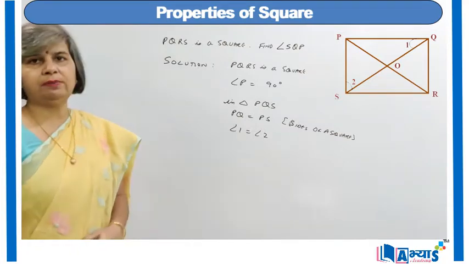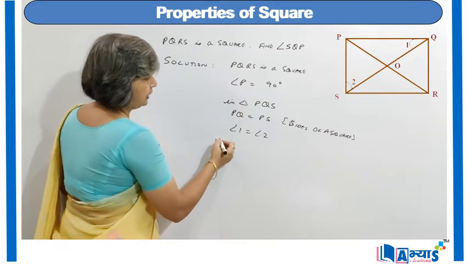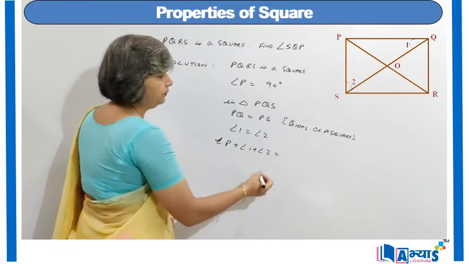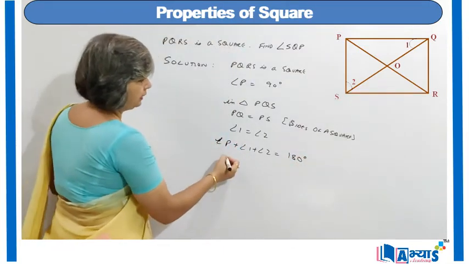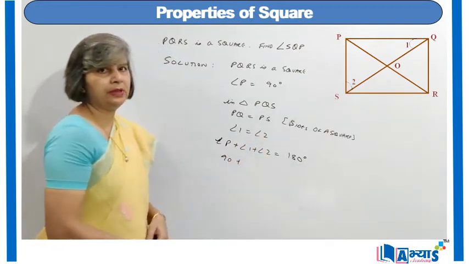So angle 1 will be equal to angle 2. Now in triangle PQS, angle P plus angle 1 plus angle 2 is equal to 180 degrees, angle sum property, and angle P is 90 degrees, and angle 1 and angle 2 are equal.